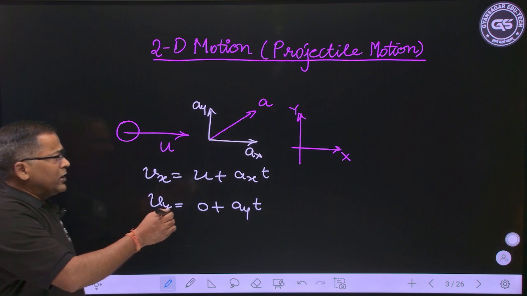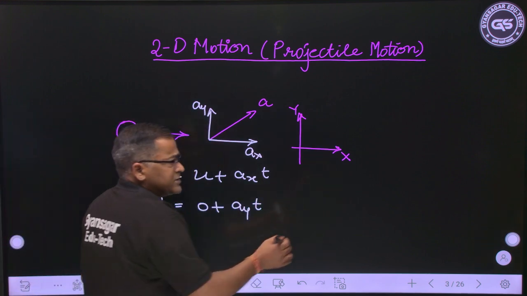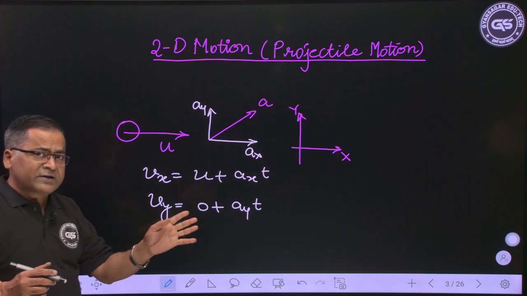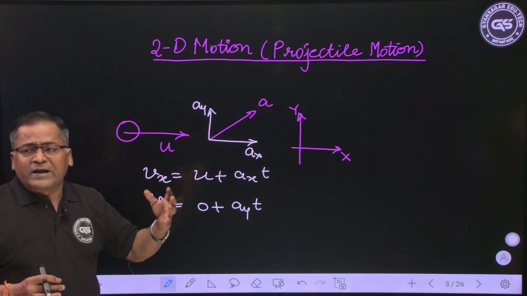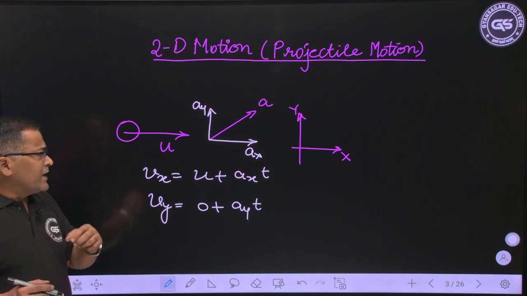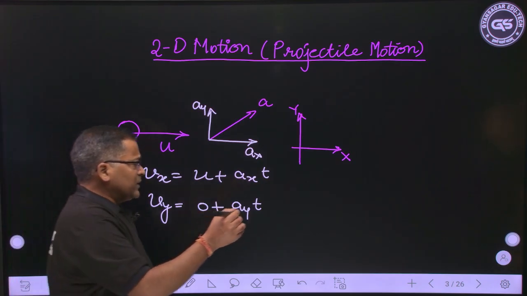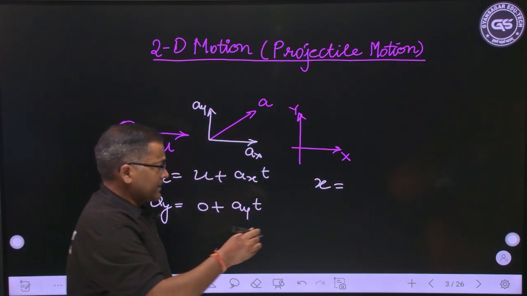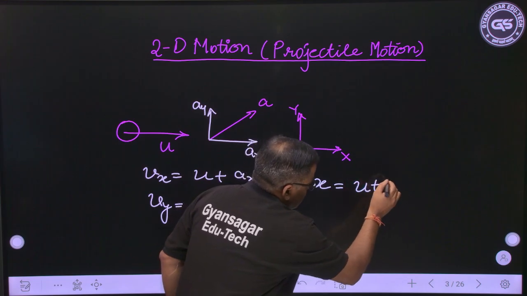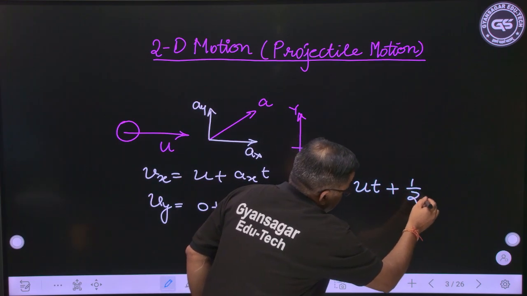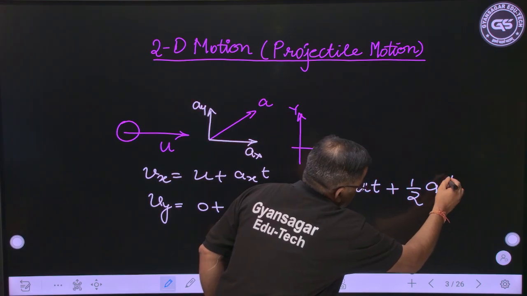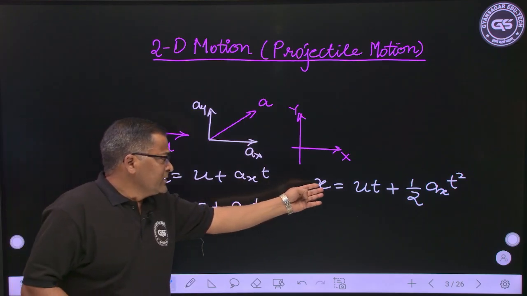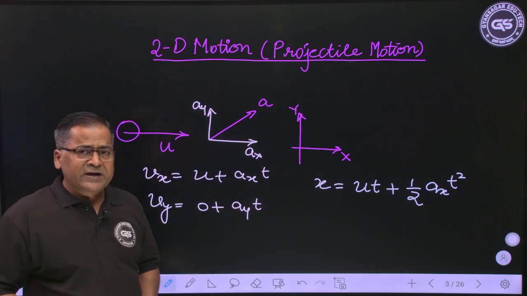Let me say the body after some time reaches a point, let me say x distance along x axis and y distance along y axis. So its x coordinate at any time interval t will be x equal to ut plus half ax t square. So this is x displacement at any time instant t.